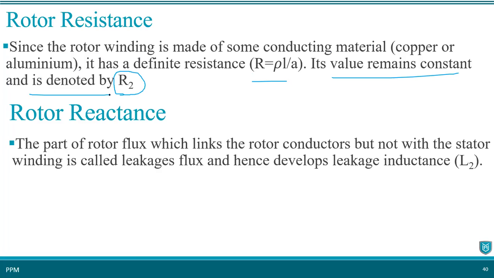While for rotor reactance, the part of the rotor flux which links the rotor conductor but not the stator winding is called the leakage flux, and it develops a reactance in the rotor. That is known as rotor reactance.